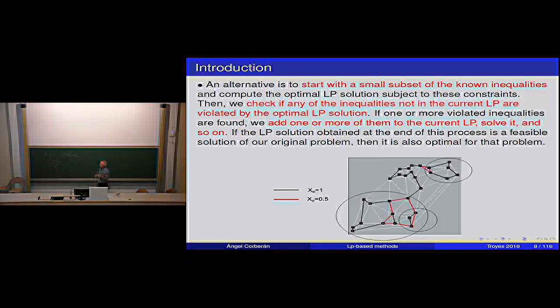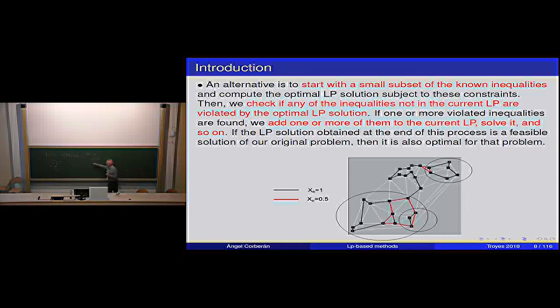So what we do is add just a few, or even none of them, and then we solve the linear program to minimize Cx in such a way that each vertex i has to be incident with 2 edges.